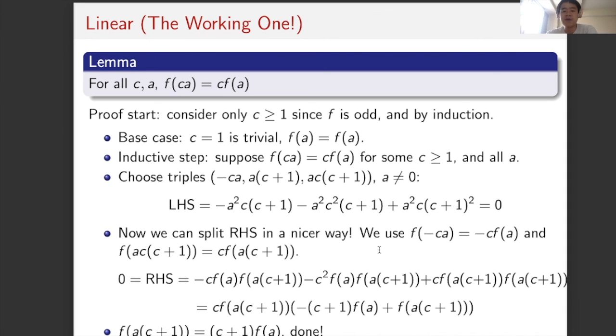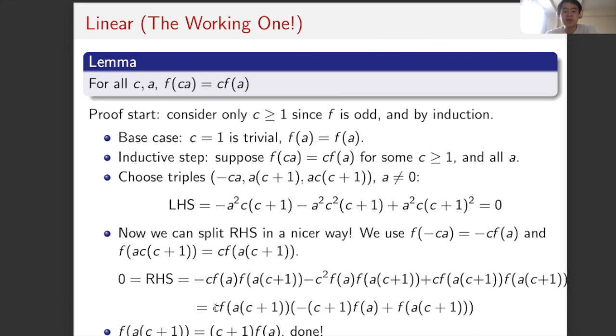And as for f of minus CA, we can still bring the C out. And as for A times C plus 1, we leave it as it is. Now the right-hand side has a nicer form and actually factorizes pretty nicely. Well, I should also mention that f of minus CA equals minus C times fA is the result of showing that f is odd, and therefore you can also bring the negative out.